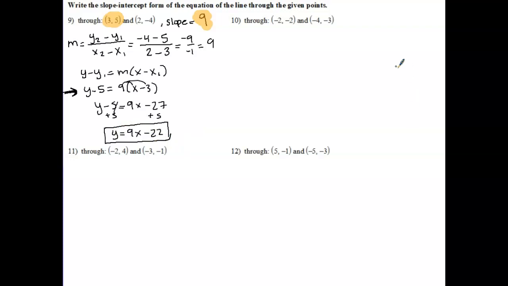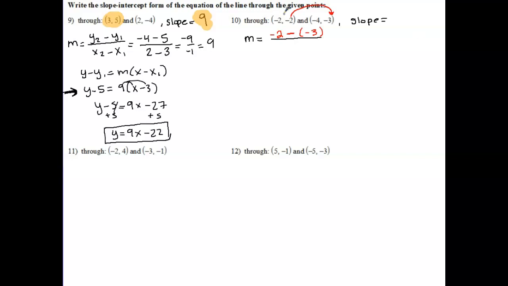Okay, I'll do number 10, and then I'll let you guys do numbers 11 and 12. I need my slope, so I'm going to go ahead and find it using our slope formula. I take the y values and subtract them. I'll start this way this time. -2 minus a -3. So -2 minus my other y value, which is -3.